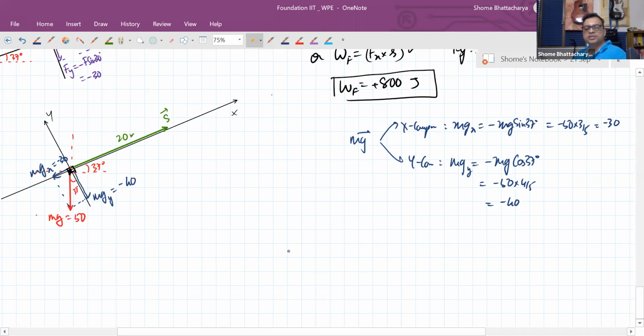So the work done by mg will become negative of 30 newtons multiplied with 20 meters.